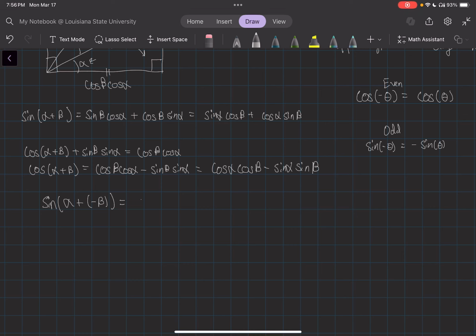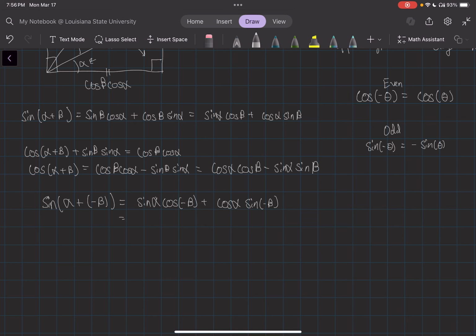I should use the formula in the textbook that's a little bit cleaner in order. So sine of alpha times cosine of negative beta plus cosine of alpha times sine of negative beta.